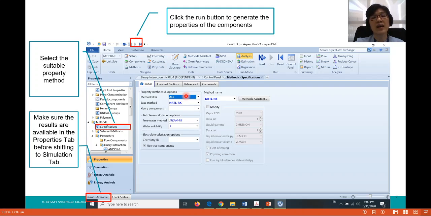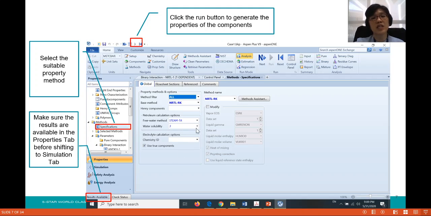Then the NRTL-RK will be listed under the base method for your selection. Once you have selected, make sure you click the run button to generate the properties for all the components involved in the process until you get the Results Available status at your left bottom here.